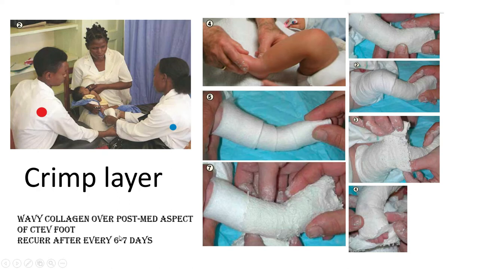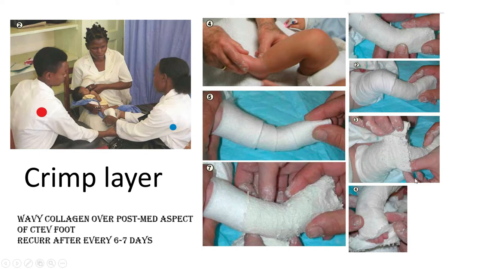But within 5 to 7 days, that straight collagen fiber will again form wavy collagen fiber. So the frequency of plaster is every week. So this is called the crime layer, and on this basis we do plaster after reduction, and every week we do the plaster.